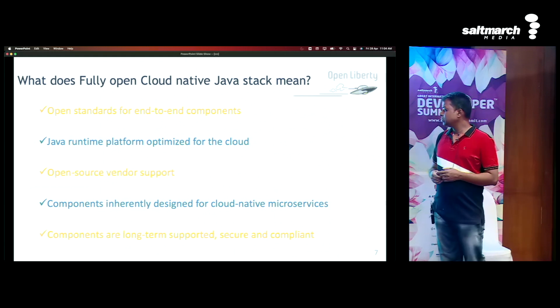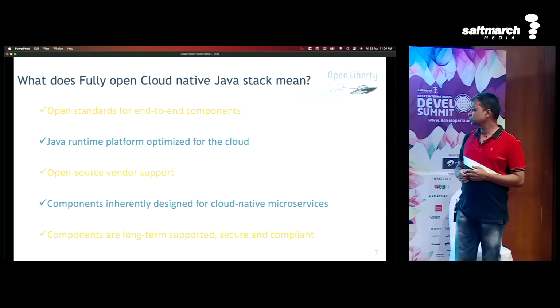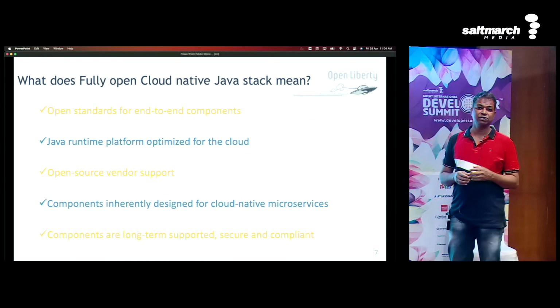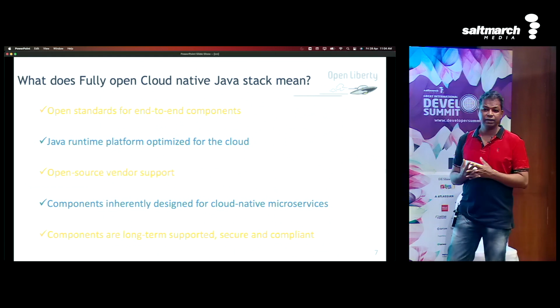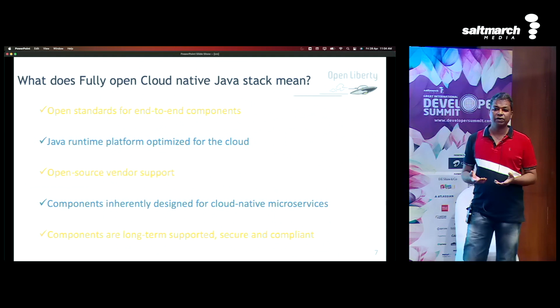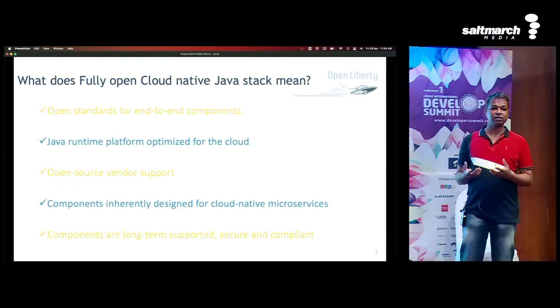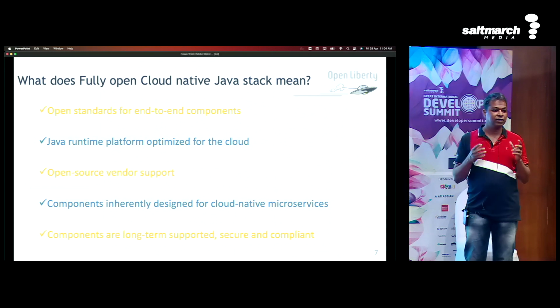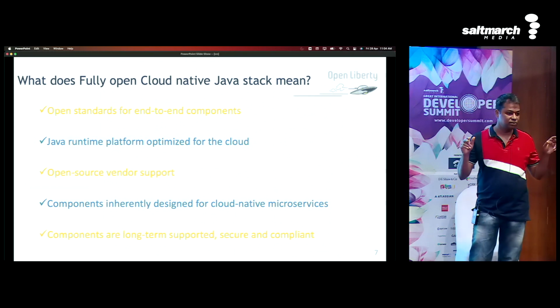Second, the runtime platform should be optimized for the cloud. As we know, Java is 25 plus years old, and initially it was never designed for cloud. It was looking at abstracting the machine to the best possible extent. When anybody talks about Java, the first keyword that comes up is platform independence, nothing else, right?